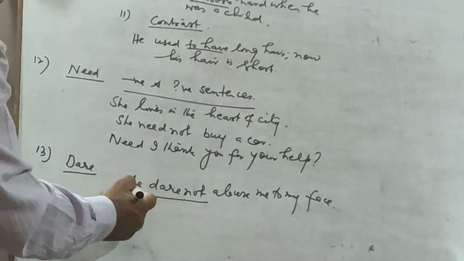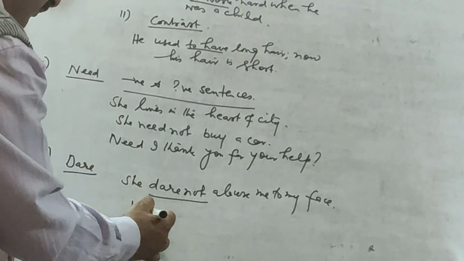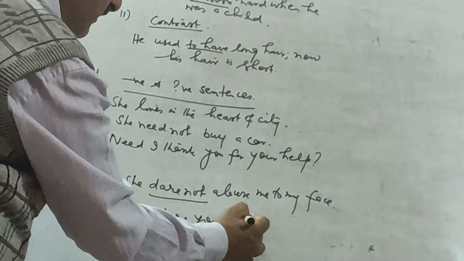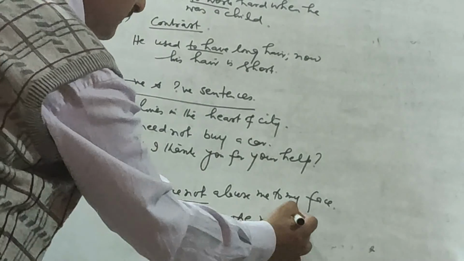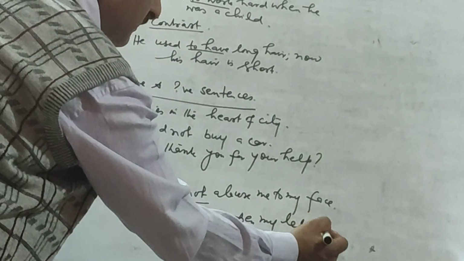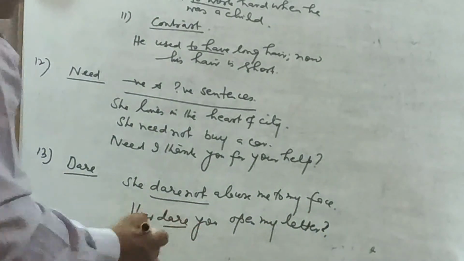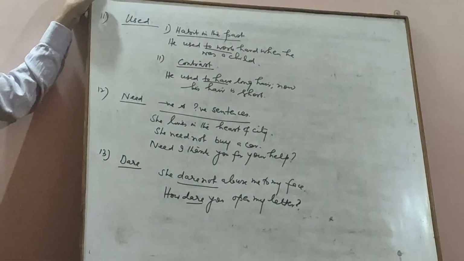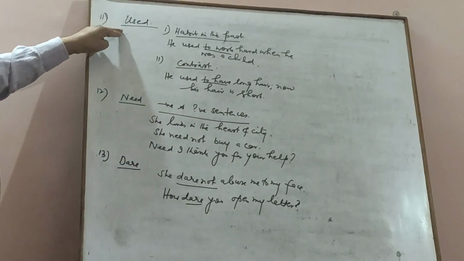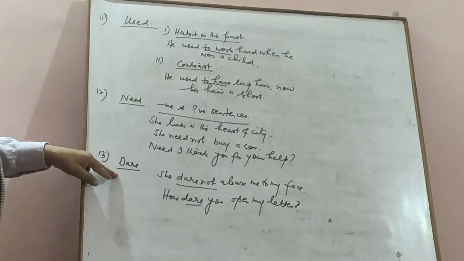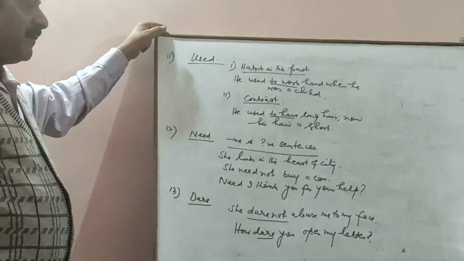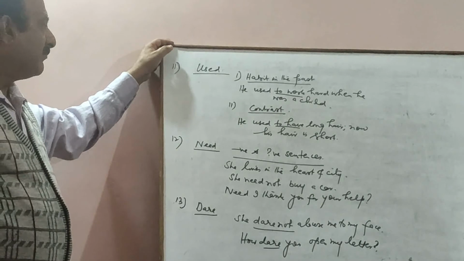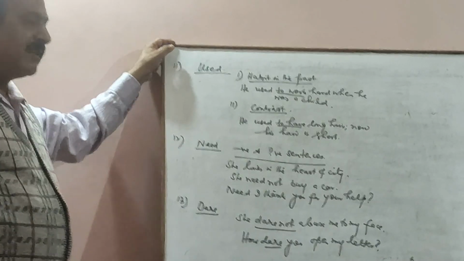This is a negative sentence, and the interrogative sentence is how dare you open my letter? So need and dare are two modals which are never used in the affirmative sentences. And one point more, used, need and dare are also known as semi-modals, because unlike other modals, they can be used both as helping verbs and as main verb.